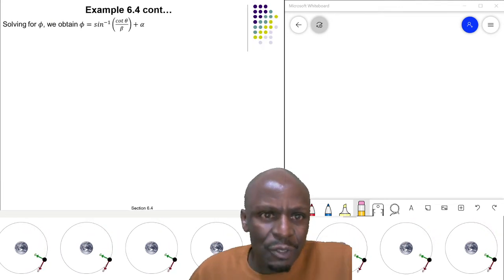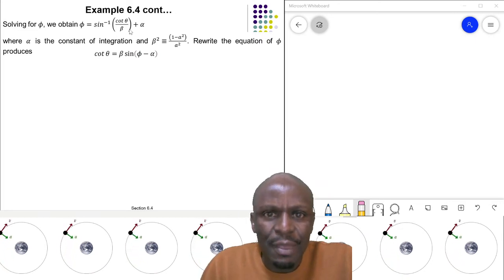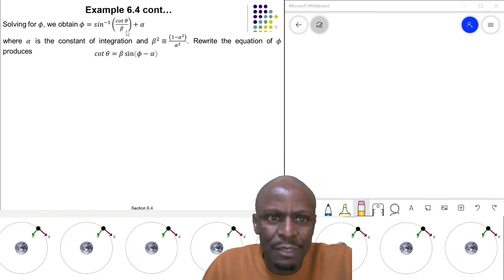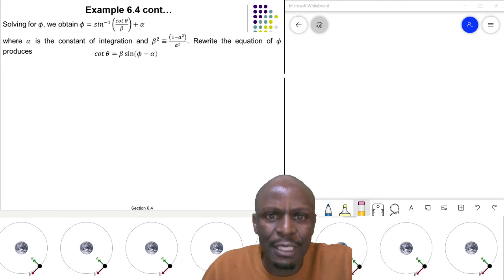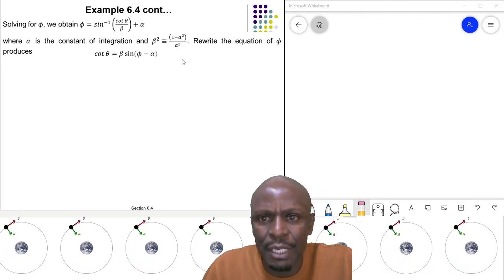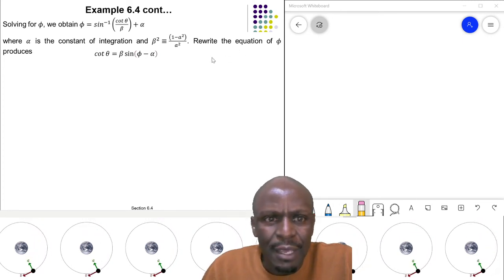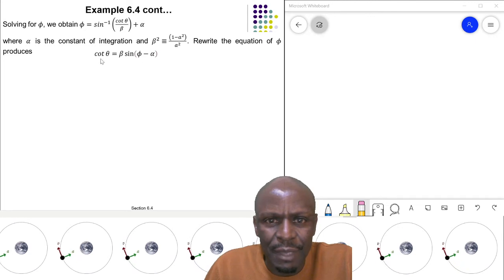Right, now solving for phi, we obtain phi is equal to this equation, from the previous equation, where alpha is just a constant of integration and beta is just given by this equation. Therefore, we rewrite the equation for phi to produce this equation.